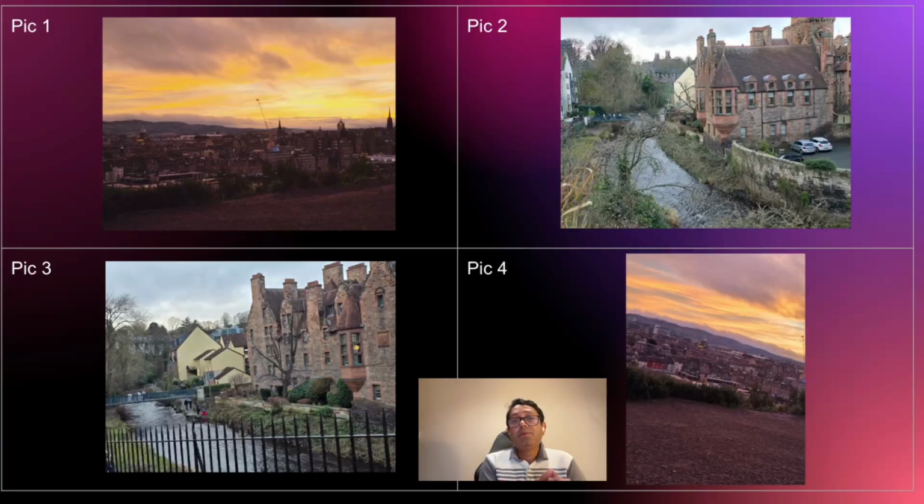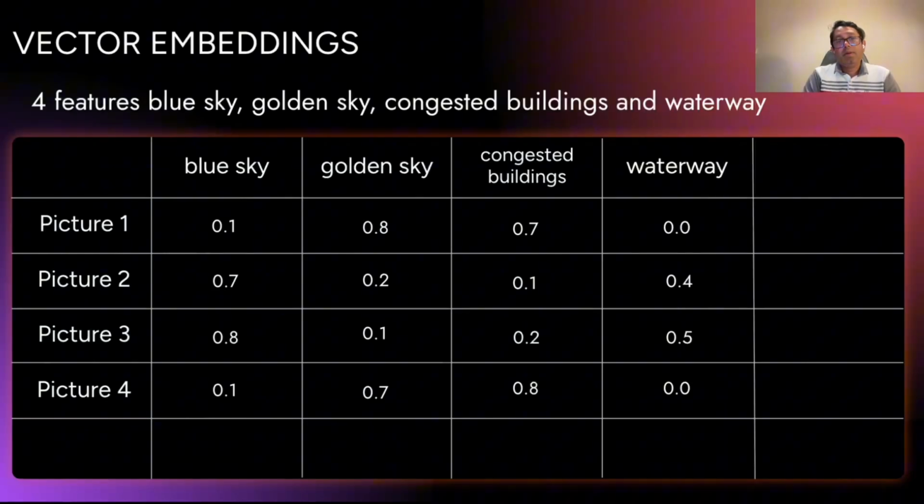Let's try to quantify those features. We have considered 4 features. For all of the pictures, let's assign some arbitrary floating point number to quantify each feature. This will make the vector embeddings of those pictures.